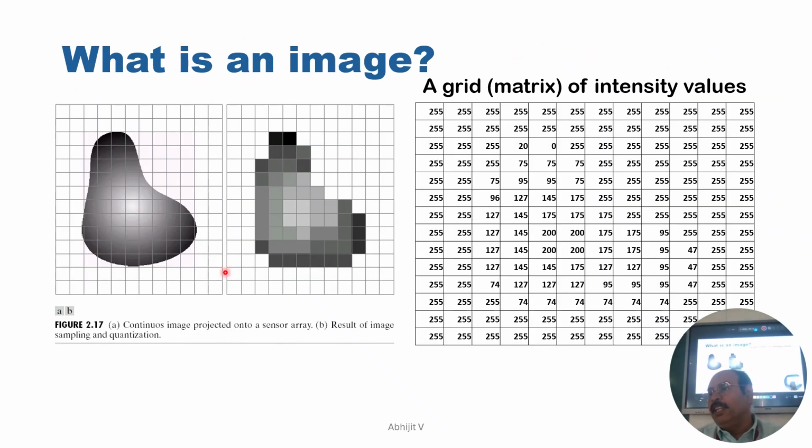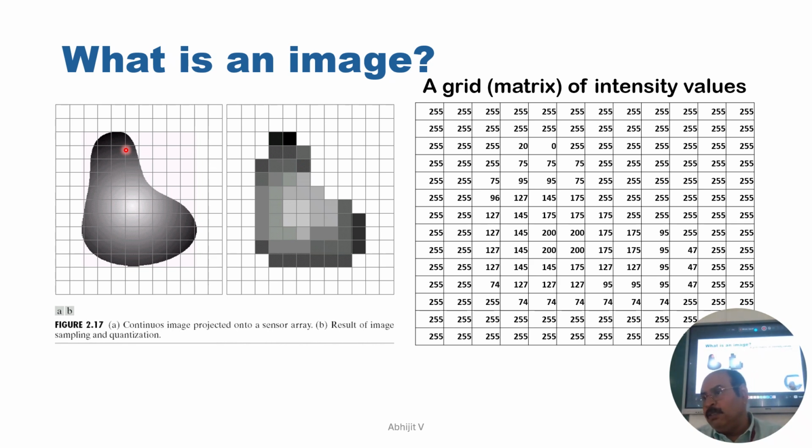So what basically is an image for a computer? In my introductory class, I already told you. You can see an image here on the left side, and on the right side you can see a matrix. The values are 255, 250, something. Where there is a change in the intensity of the pixel, there is a change in the value.